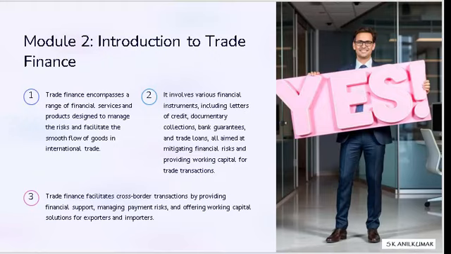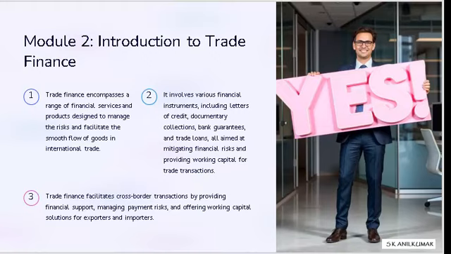In module 2, we talk about introduction to trade finance. Trade finance is the range of products or services offered by financial institutions, including banks, and these are designed to manage the risk that is part and parcel of a cross-border trade. It facilitates the flow of goods in the international trade by giving comfort to the buyer and seller.